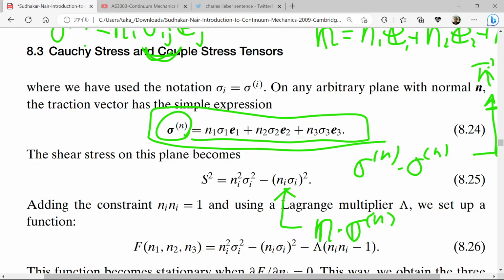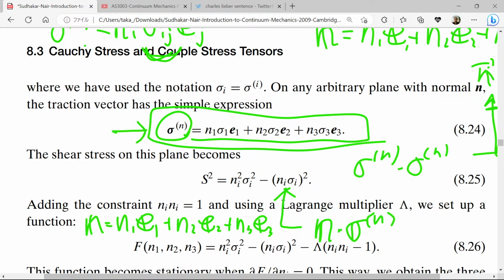So then n is n1 e1 plus n2 e2 plus n3 e3, right? Then sigma n is this.